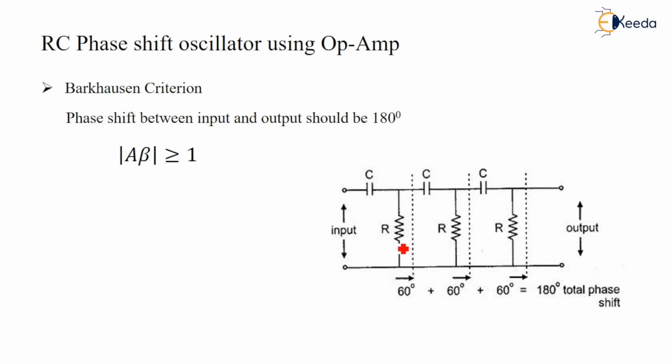Each RC network is designed in such a way that it will introduce 60 degree phase shift. So the first will introduce 60 degree, the second will introduce 60 degree, the third will introduce 60 degree. So the total phase shift will be 180 degree.